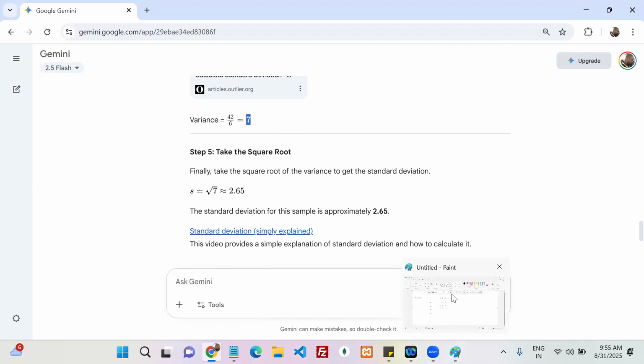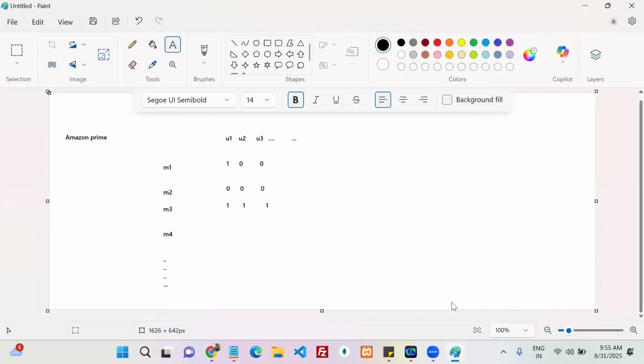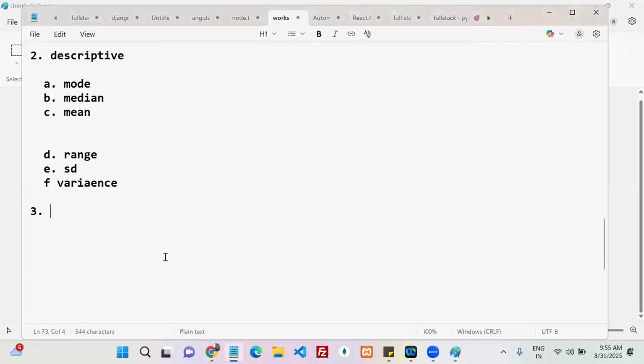What about outlier? Terminology wise, anyone knows? Very simple. It's a normal value which is very far from the actual data set. How do you know?